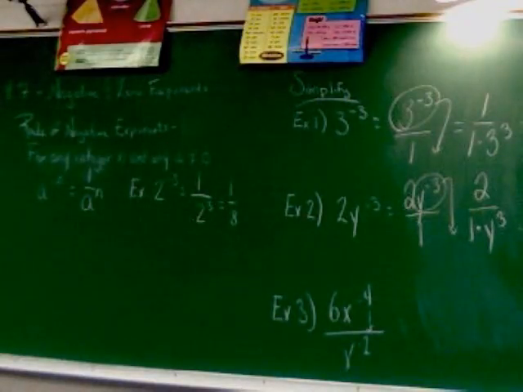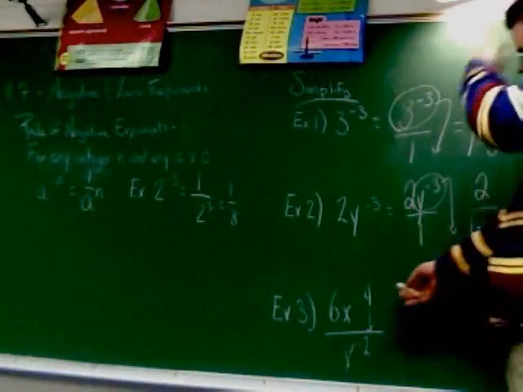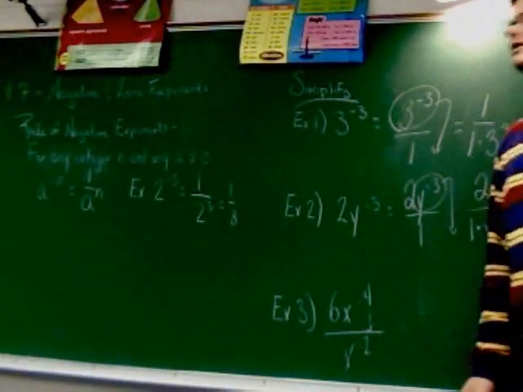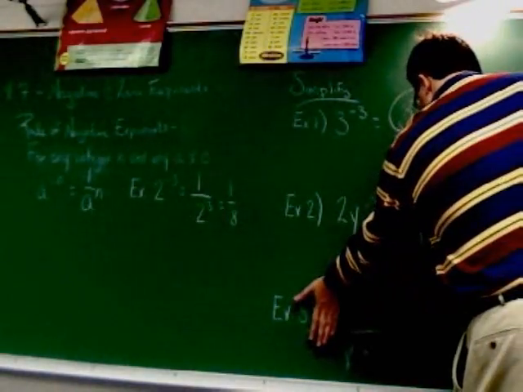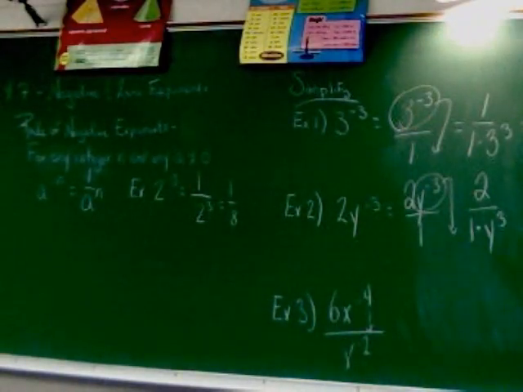All right, now this one is a little bit different. 6x to the negative fourth over x to the negative second. There are 2 rules here. As you can see, first off, this is a division problem. Hopefully you remember that if I'm dividing things with the same base, I actually have to subtract the exponents. If it was just x to the negative fourth over x to the negative second, that's a division problem, so I have to subtract.